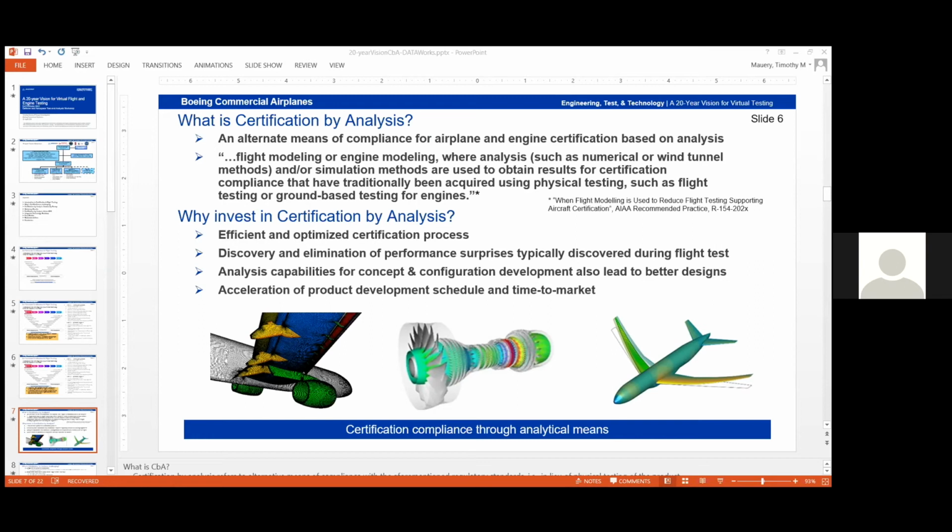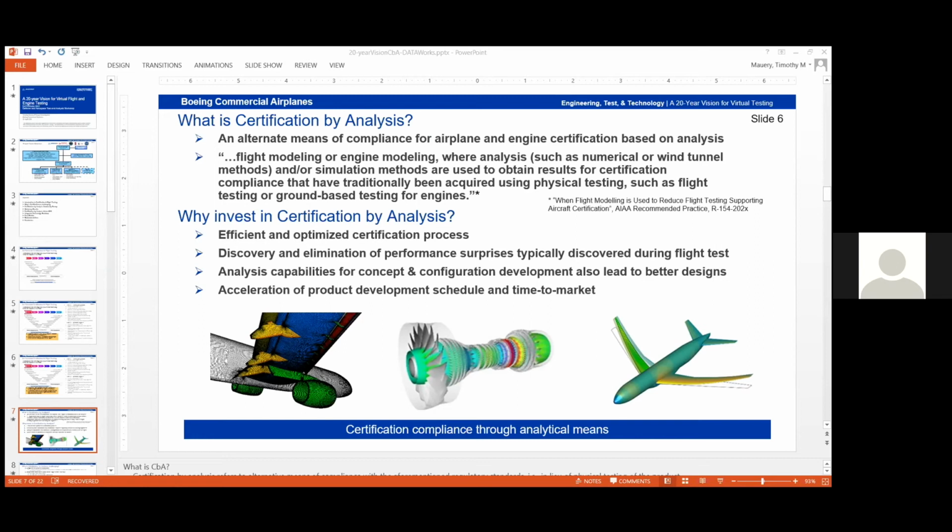A side benefit of having analysis at the level of accuracy required for certification is that you can catch performance surprises and issues that you would see downstream in the testing cycle a little earlier on, where they can be corrected without as much cost or time constraints.